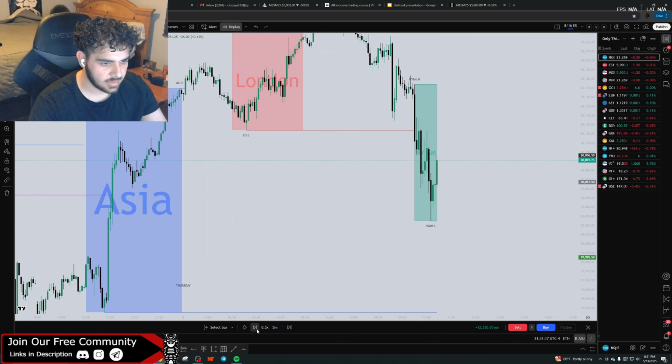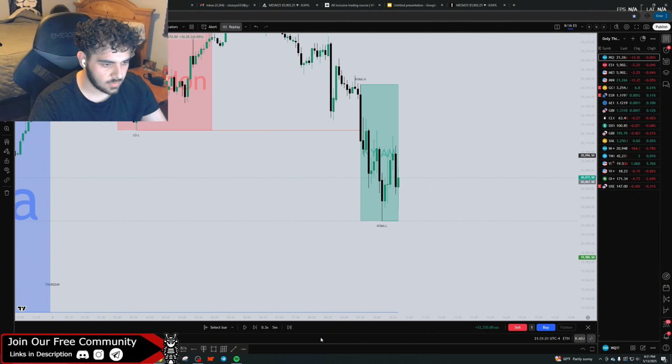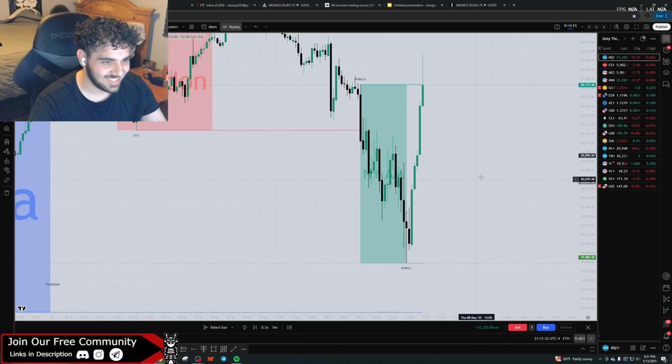More interested in buy side here. See if we get a momentum push right there. We did. See if we retrace. No retracement. Insane.